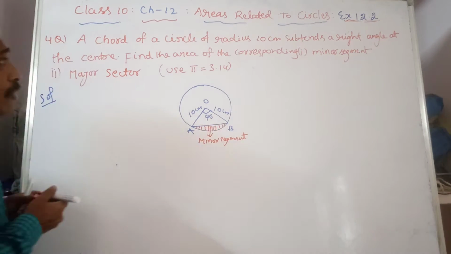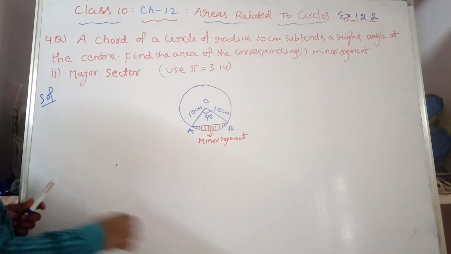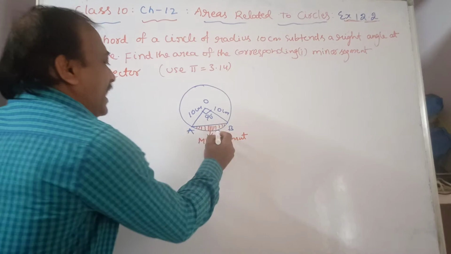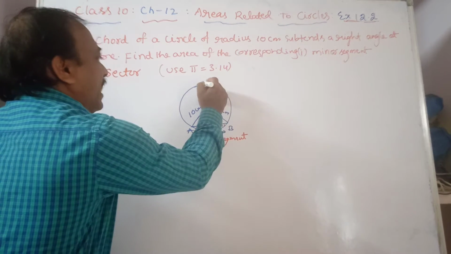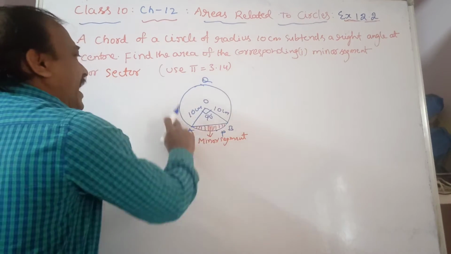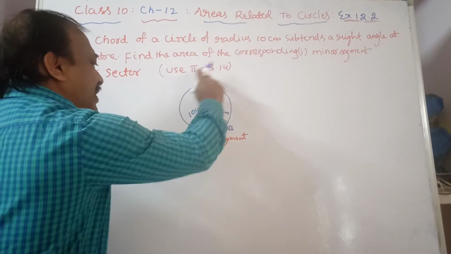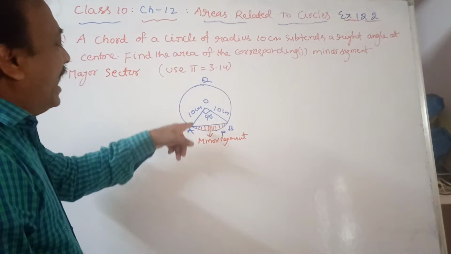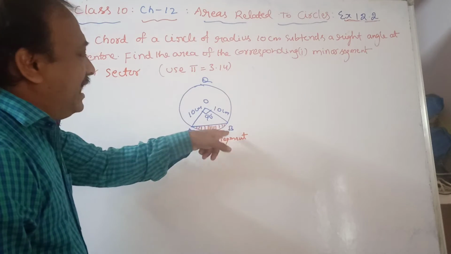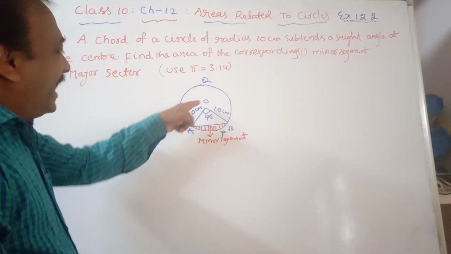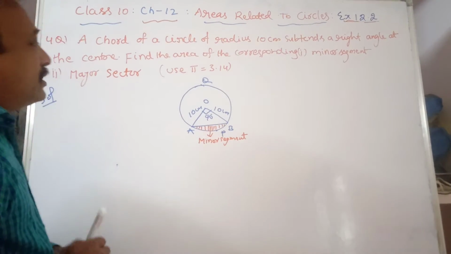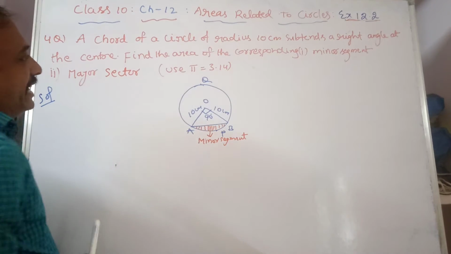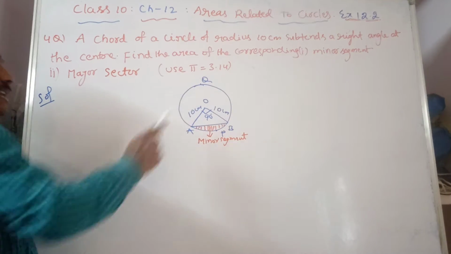Now question number 2, the major sector. So this is OAPB, and I locate here one more point as Q. OAQB is the major sector, OAPB is a minor sector, and OAB is a triangle. First we need to find the minor segment area and the major sector area.